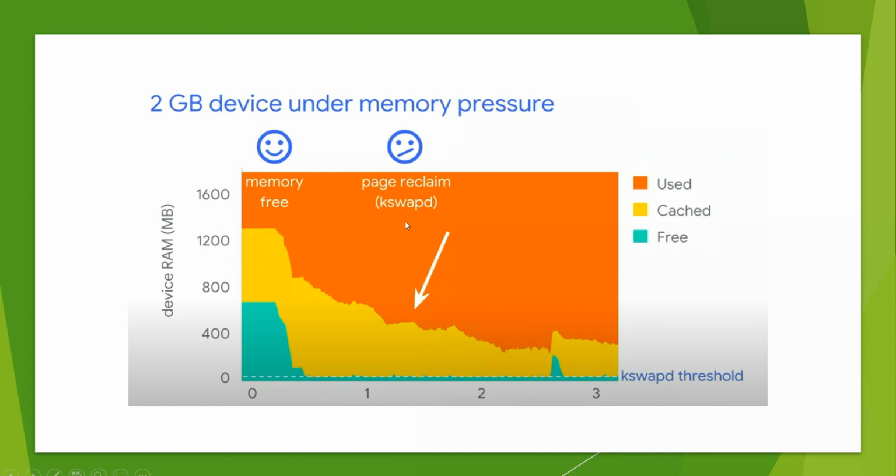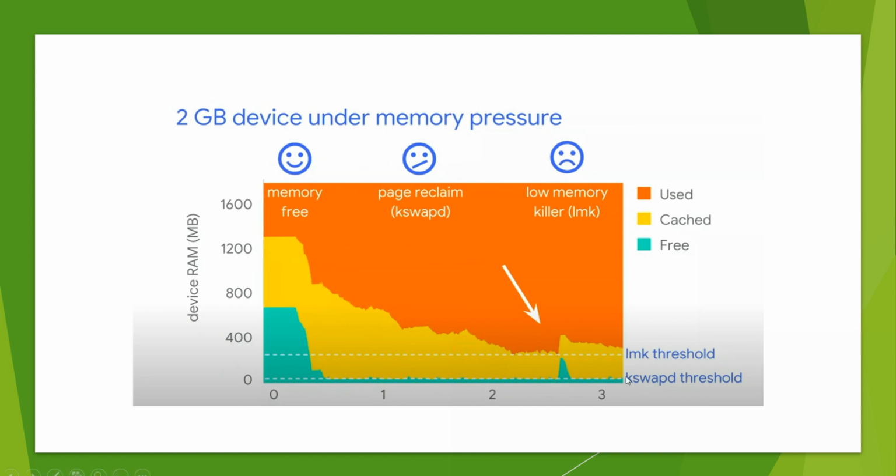To reclaim more memory, it will start freeing cache memory. As I already told, cached memory can be reclaimed whenever needed. So the number of cached pages starts to reduce as KSWAP-D reclaims them.